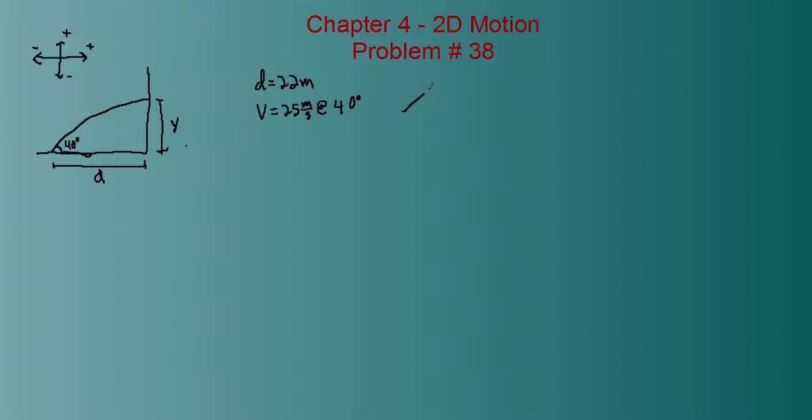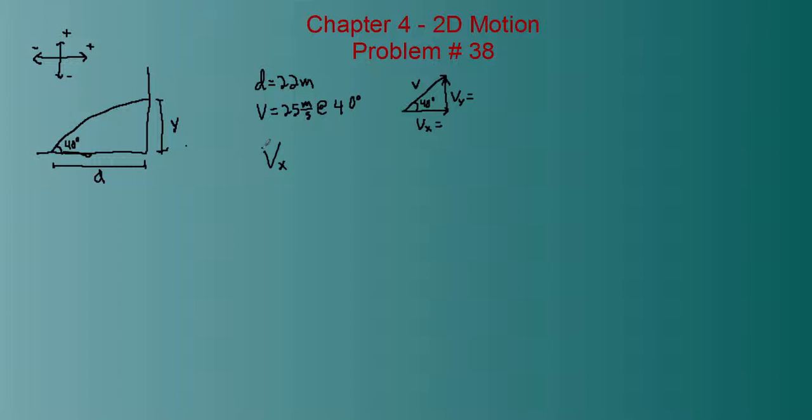So that initial velocity vector v looks like that. This is v in the x direction, vx, and v in the y direction, vy. This is 40 degrees. So we can find these very easily using trig.